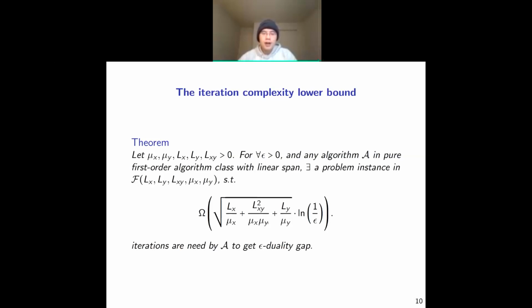And then we have this term, which characterizes the hardness of the coupling between x and y. So in this lower bound, when the coupling is very weak, for example, when this Lxy is far smaller than Lx or Ly, this term will be dominated by these two terms, meaning that we have a min-max problem that is almost decoupled, like two separate optimization problems.